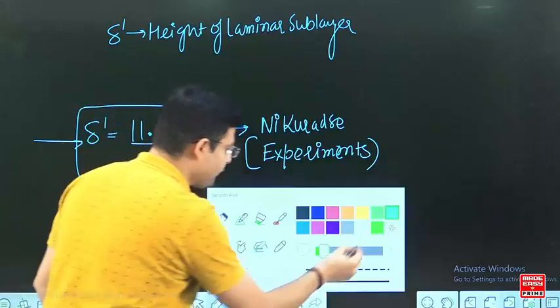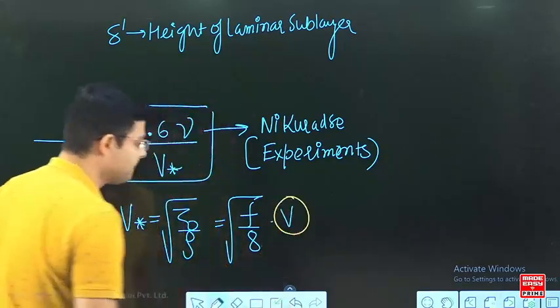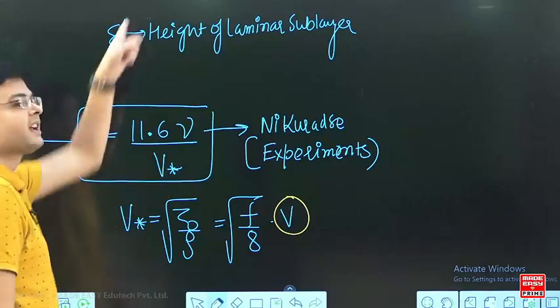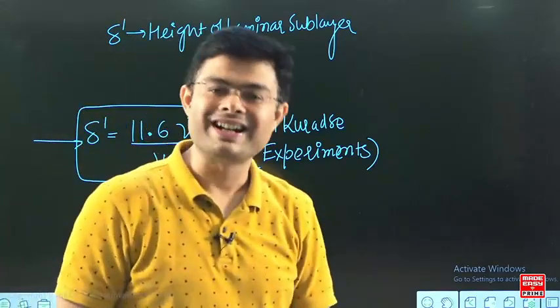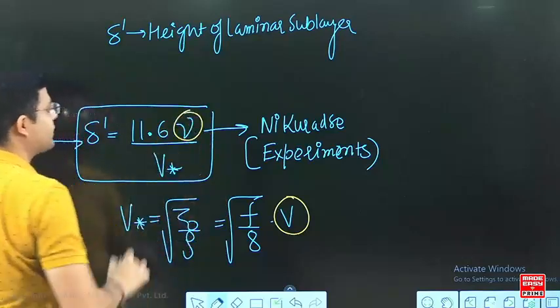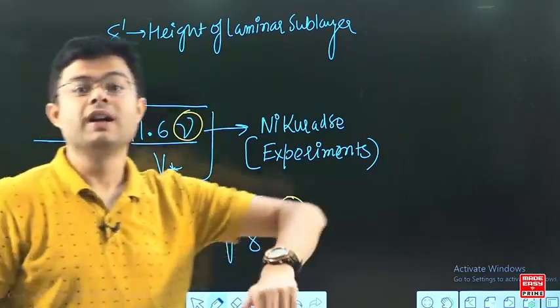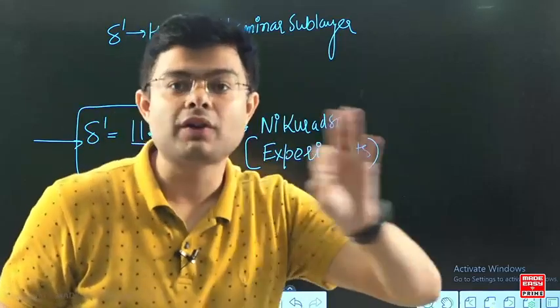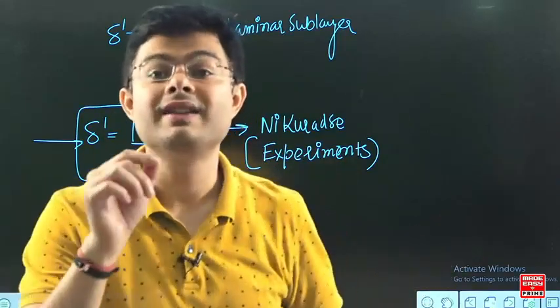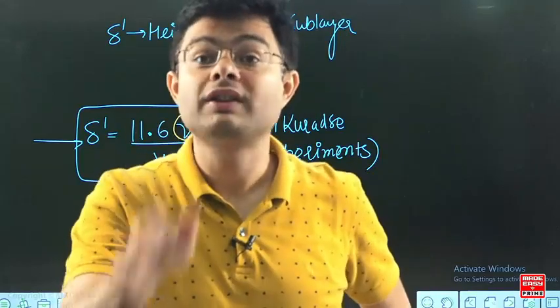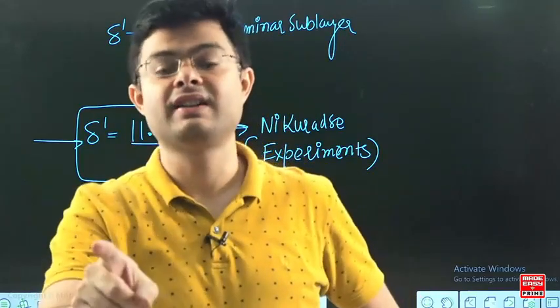For example, if you change the velocity of the flow, V star will change; V star changes, delta dash changes. If you change the friction factor or the kinematic viscosity of the flow, the value of delta dash, the height of this laminar sublayer, changes. It is dependent on the flow, not on the pipe surface. Please try and understand this.